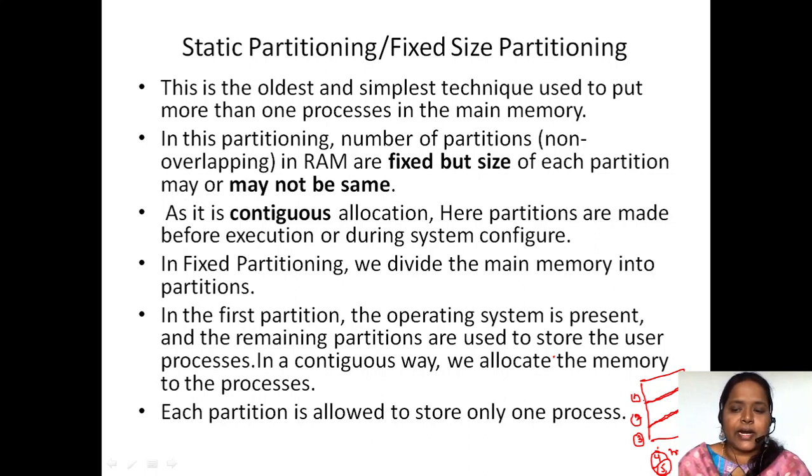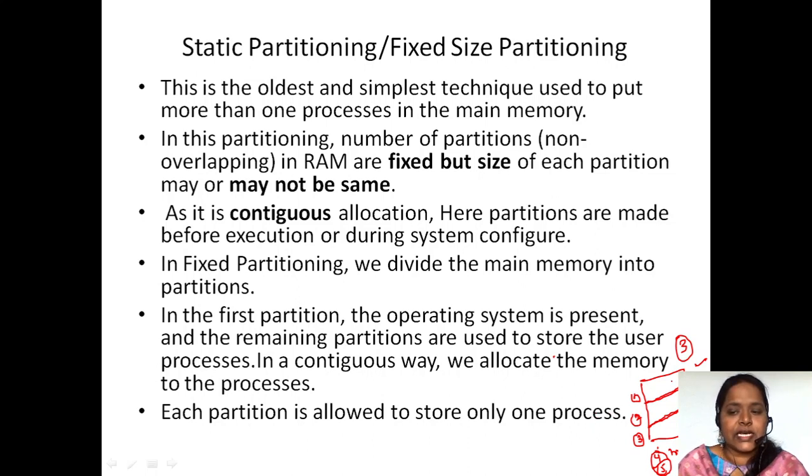Partitioning means dividing the memory, and here it has been divided into three partitions, static only. If four processes are there and three slots, we can't accommodate the fourth process into this memory. How can we accommodate four processes?